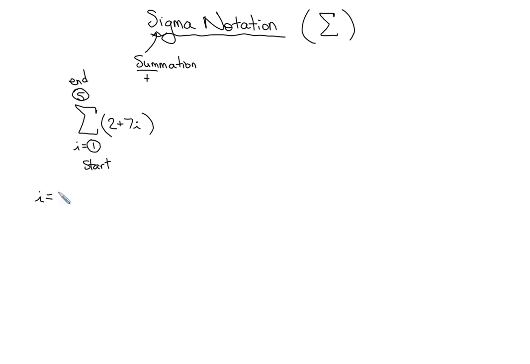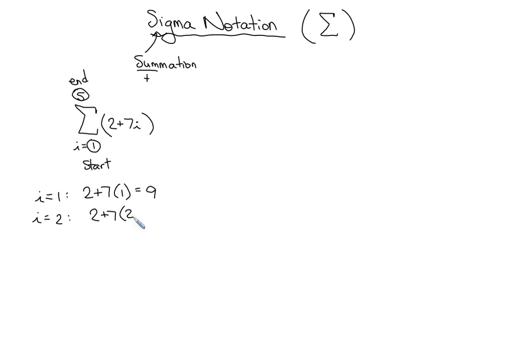So you start with I is equal to 1. Now this doesn't have to be I, guys, and it doesn't stand for imaginary. It's just a variable. It could be J, K, N, P, or X. It doesn't matter. It's whatever variable's over in here. So I is equal to 1 is our starting value. That means we plug a 1 in for I. 2 plus 7 is 9. Then we increase this to 2. So now we use I is equal to 2 and plug it in.